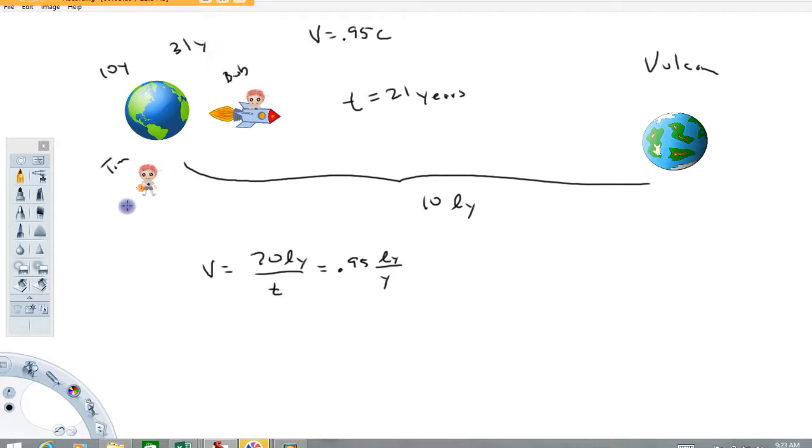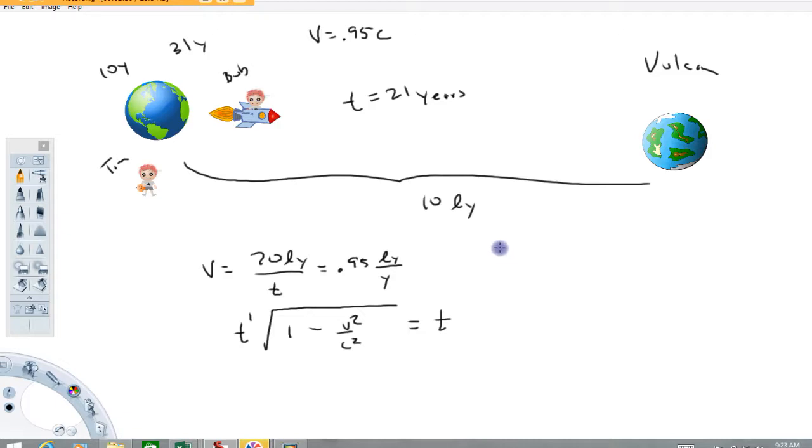Now we're going to take a look at what happens as far as Tim is concerned. Now Tim is observing Bob traveling at 0.95 c for a total distance of 20 light years. The relationship between the two observed times looks like this. I'll put t prime here, which is going to be for Tim's time, times the square root of 1 minus v squared over c squared, some people call this the relativistic fudge factor, is equal to t, the time observed by Bob.